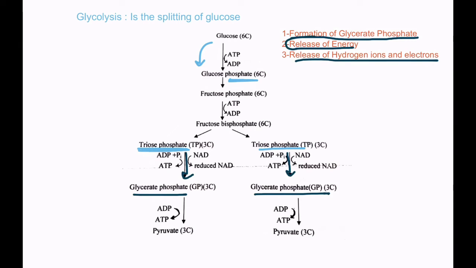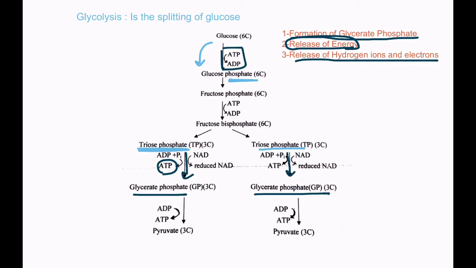The release of energy caused the formation of ATP. Why? Remember when we said in this part that ATP broke down into ADP and released energy and inorganic phosphate. So it's a reversible reaction.